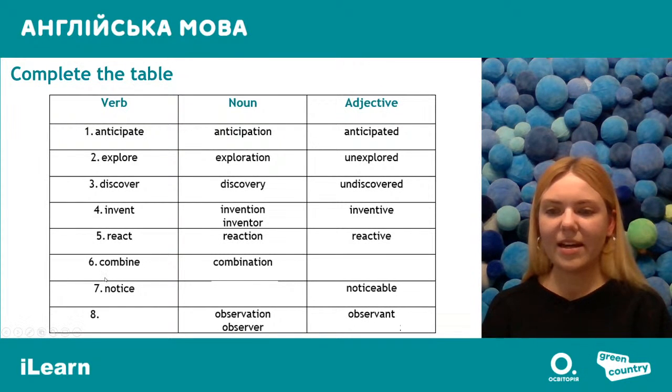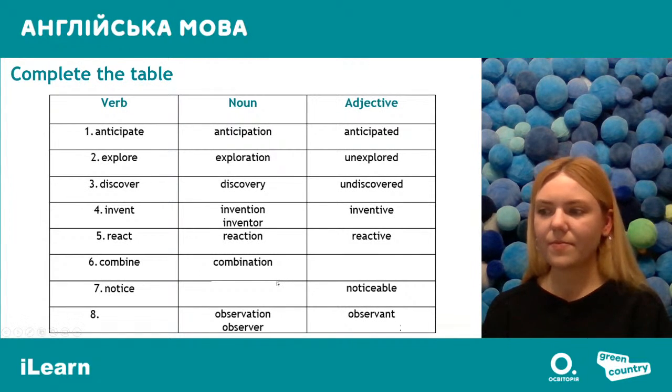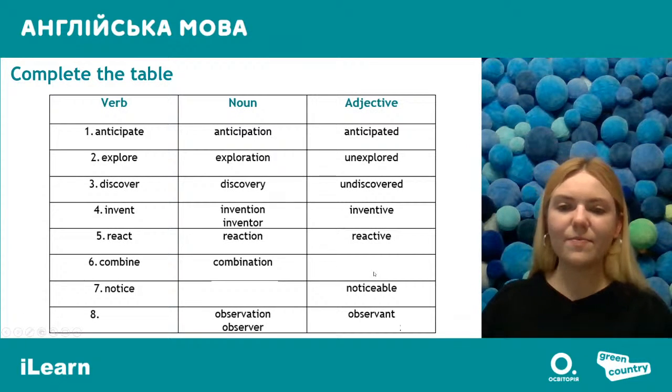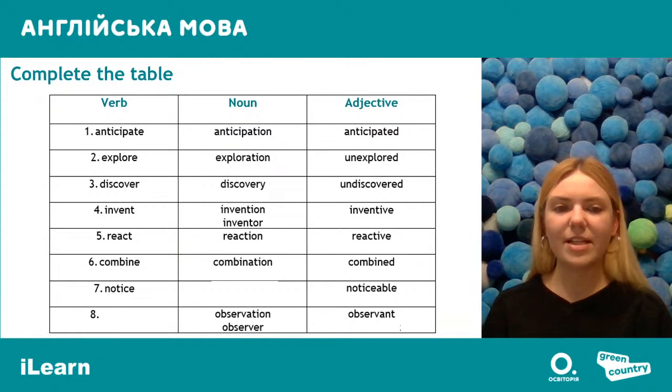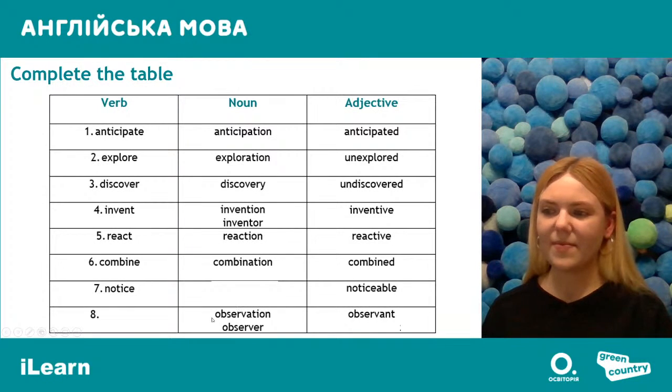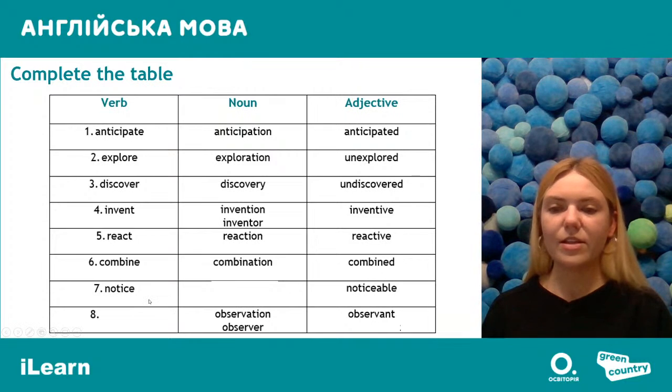Good. Moving on to number 6, combine, combination, and an adjective is can be combined. Combined, спільний. Yeah, for example, combined effort or combined work. Good. Number 7. To notice. That is a verb.